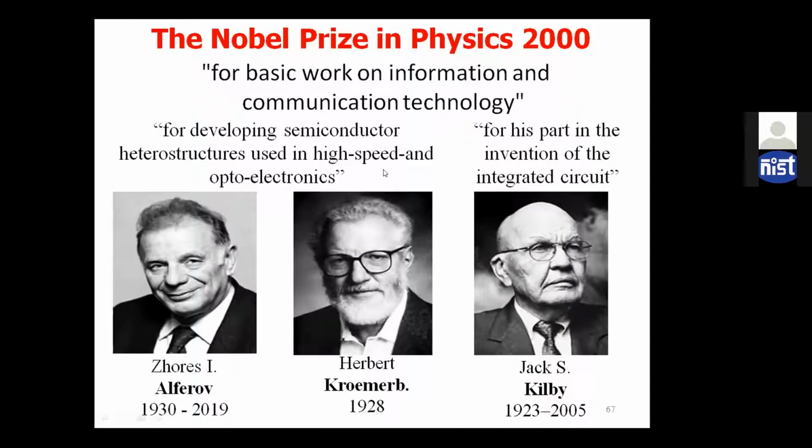The other one is Jack Kilby, who made the first IC, for his part in the invention of the integrated circuit. But he got the Nobel Prize too late, because he made the first IC in 1958 and got the Nobel Prize in 2000.